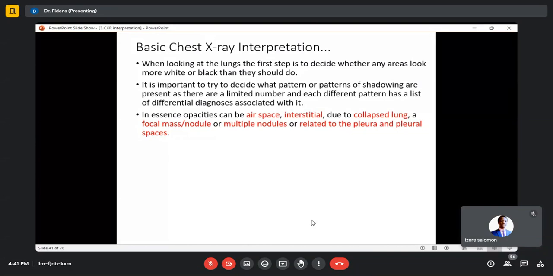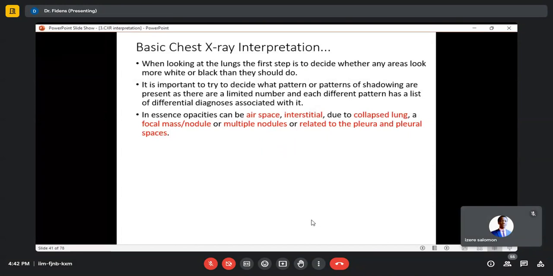And it is important to try to decide what pattern or what patterns of shadowing are present, as there are a limited number of differential diagnoses associated with each different pattern. So from one alveolar opacity, you can still have many differentials. In essence, opacities can be airspace opacity. You can have interstitial opacity.